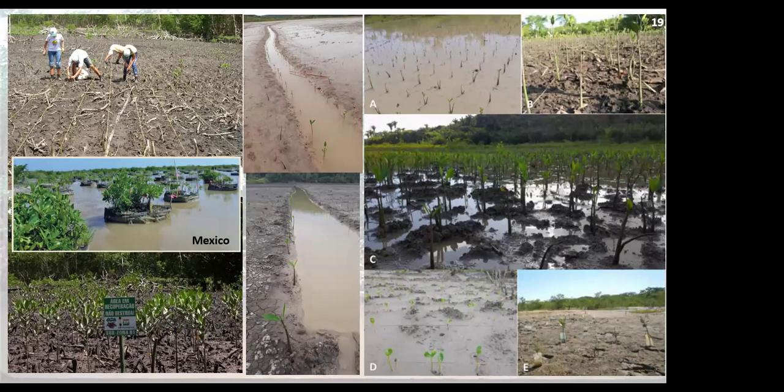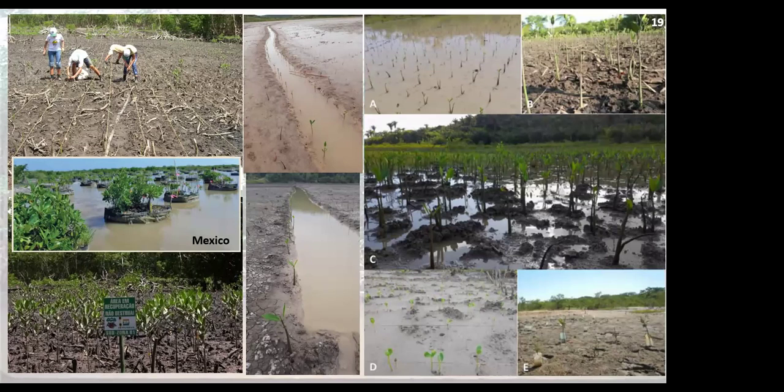In the middle, you see channels with propagules planted on the border of the channels. When the water brought by the channels keeps the lateral parts of the channels humid, you can plant more rows of propagules next to the channel.